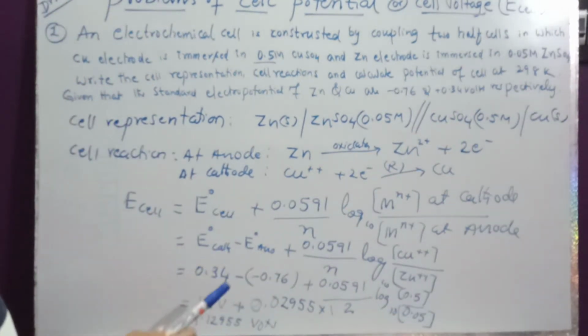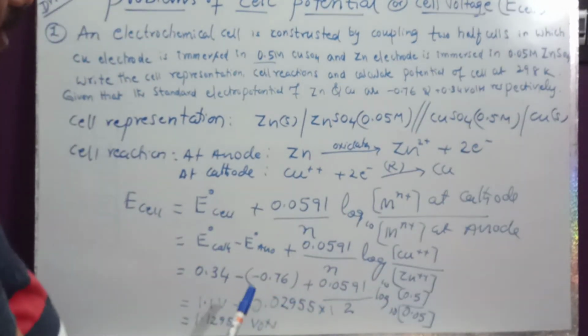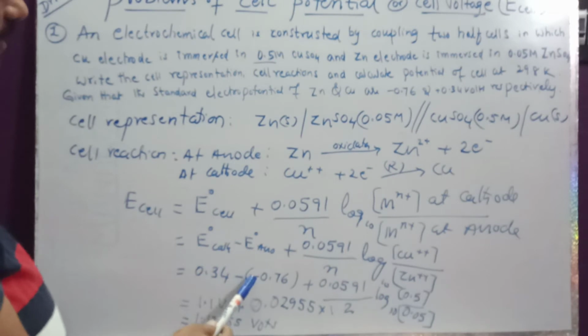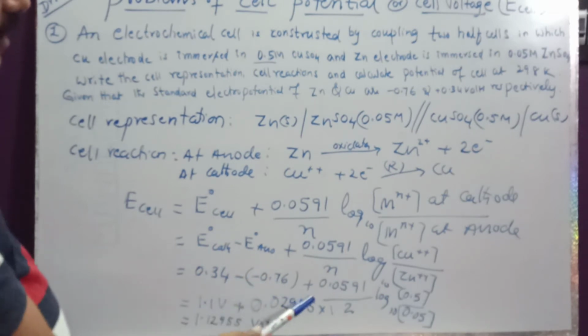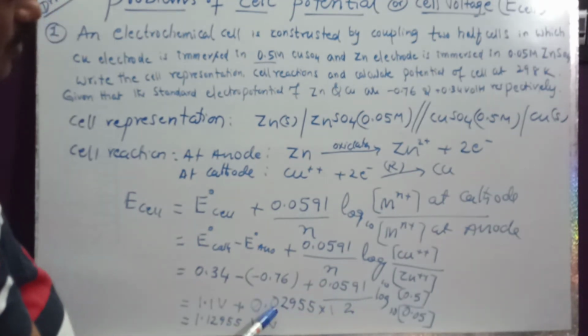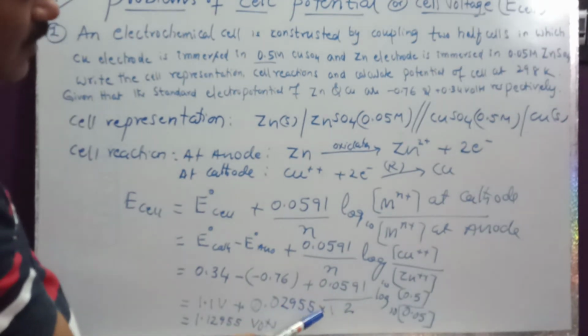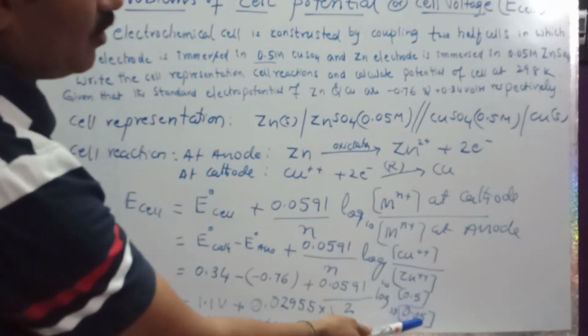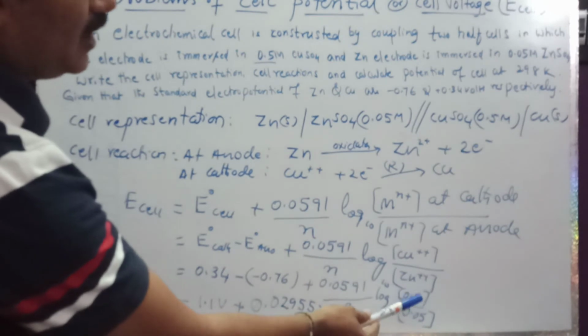If you substitute the values and simplify, you will get 0.34 plus 0.76, which gives you 1.1 volts. 0.0591 divided by 2 gives you 0.02955, into log of 0.5 by 0.05, that gives you log 10.